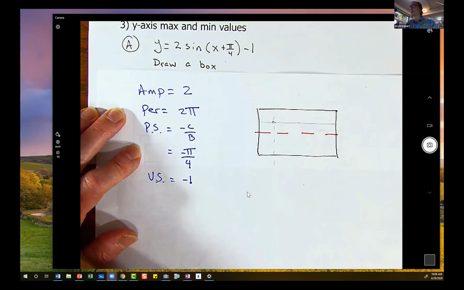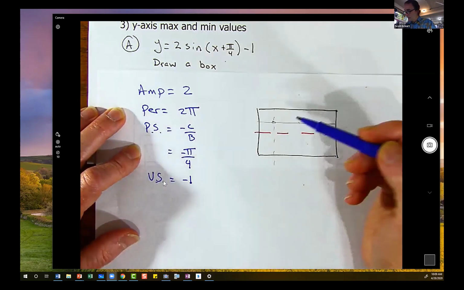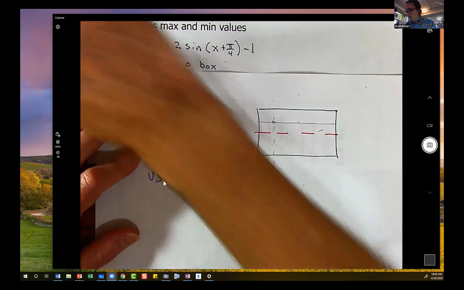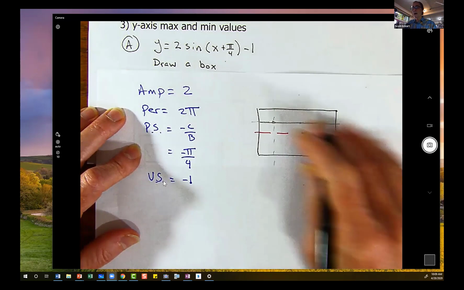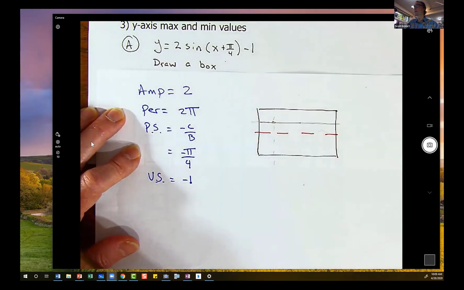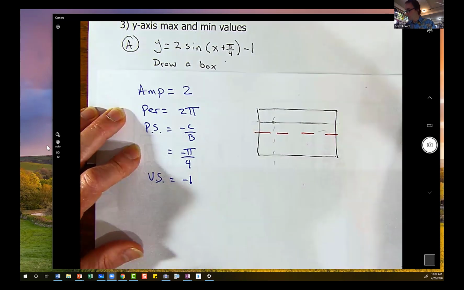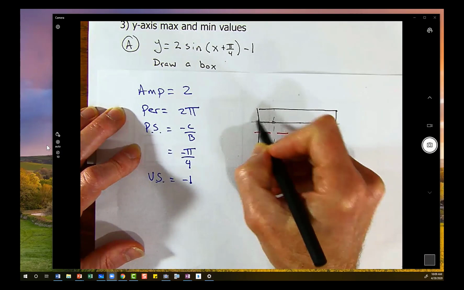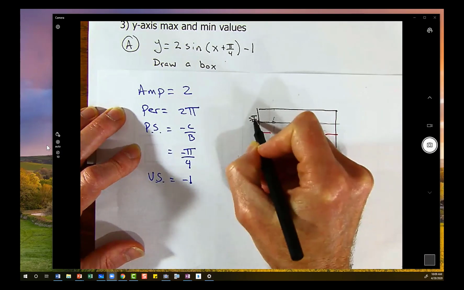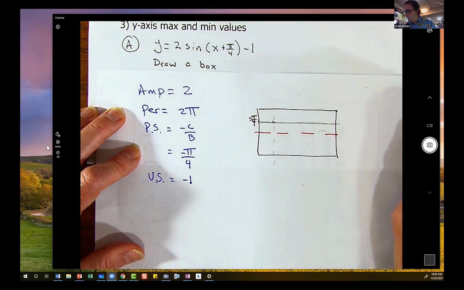So let's see. Now, where is the x? Here's my x-axis up here. Where's the start of the box on the x-axis? What number am I starting with? Negative pi fourths. Right. And where is the top of the box?